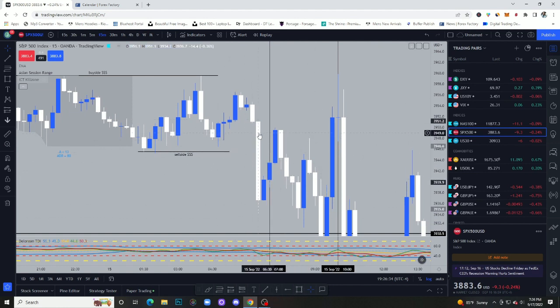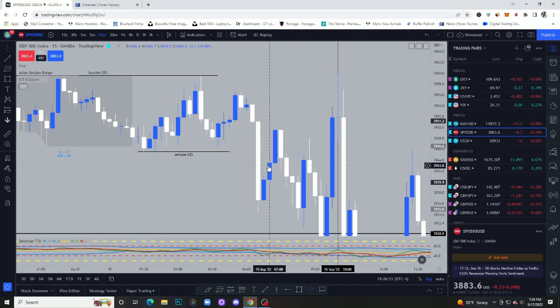Everything that I just explained that happened over to the left, I'm looking over here to see what happened, so I can gauge or forecast what's most likely to happen next.